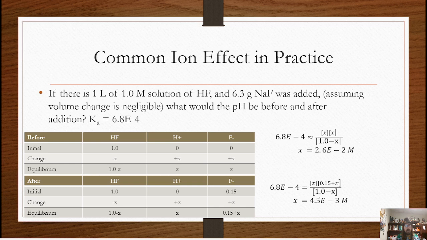Just by adding a sixth of a molar of conjugate base, essentially, the pH is going from 1.5859, let's just say 1.6, to 2.3. The hydronium concentration has changed by almost a factor of 10.